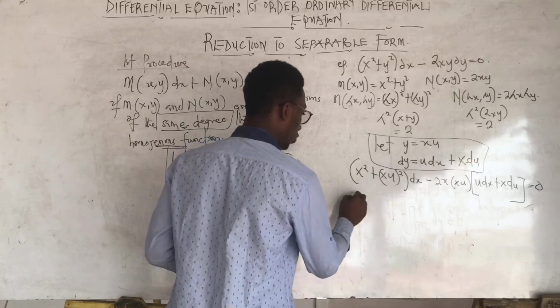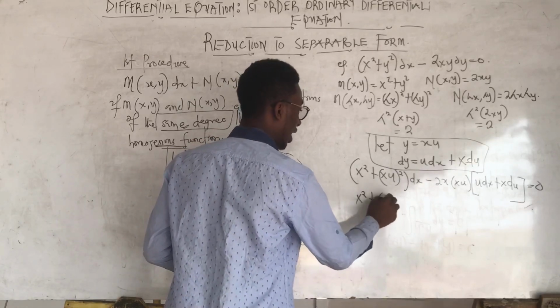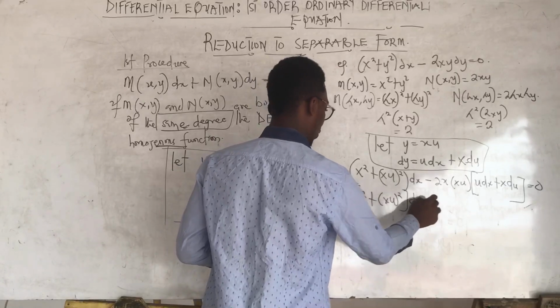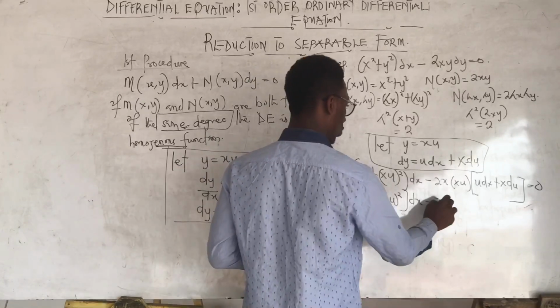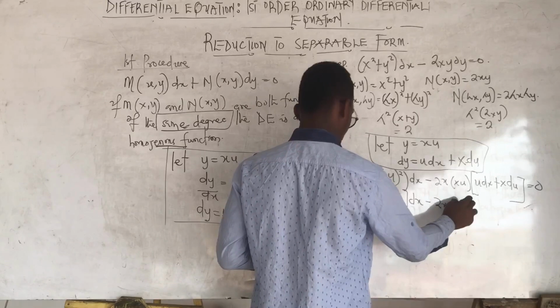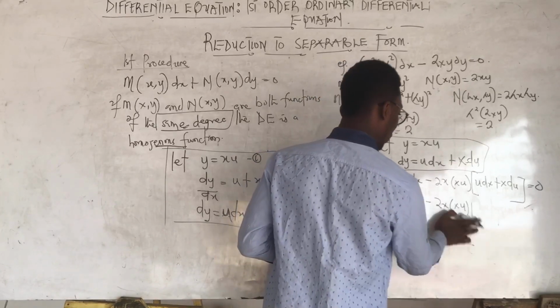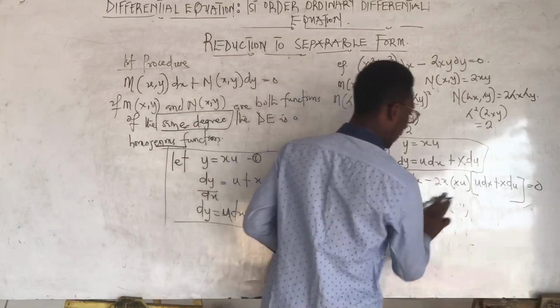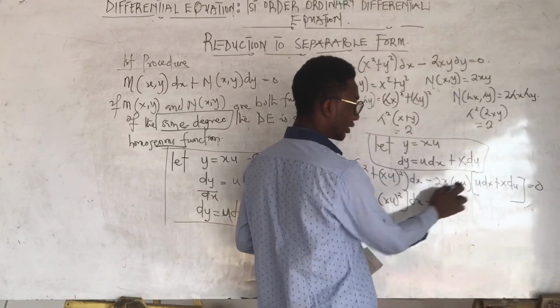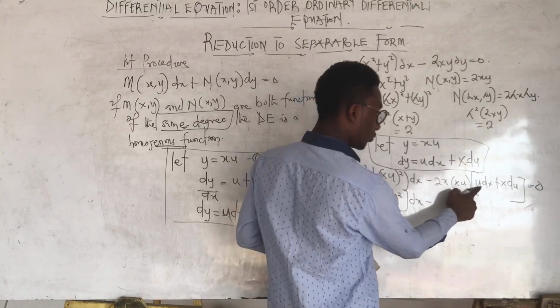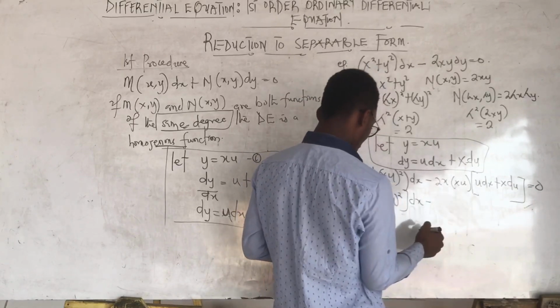It's very simple. You can go x squared plus xu squared, dx, minus your 2x times xu. So now you multiply through with it. Let's multiply straight through with that. So 2x times xu times u dx, what are we getting over here?